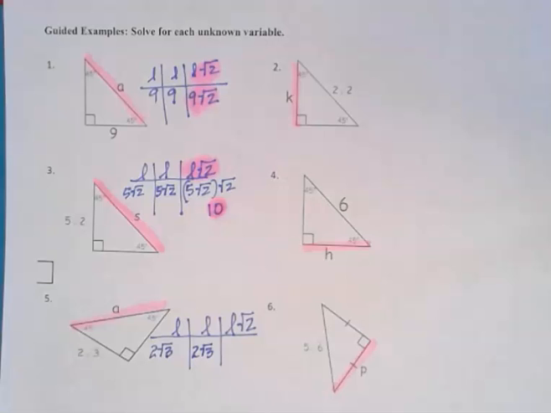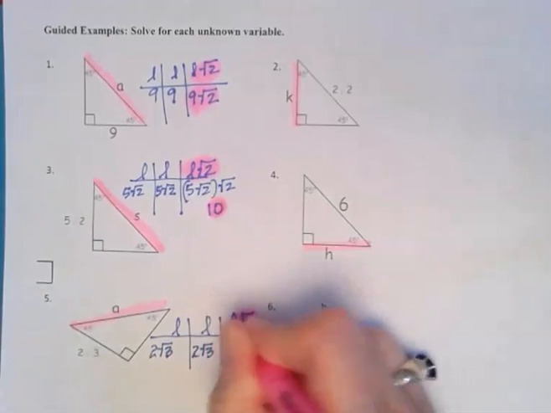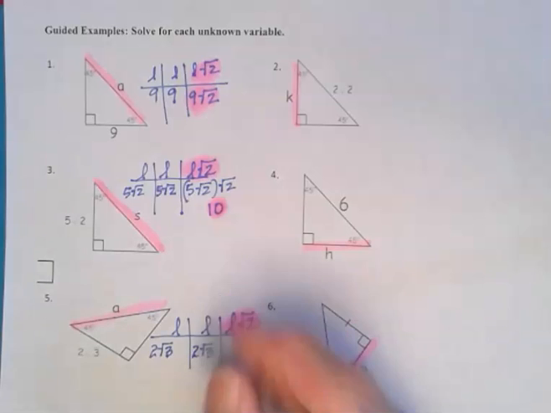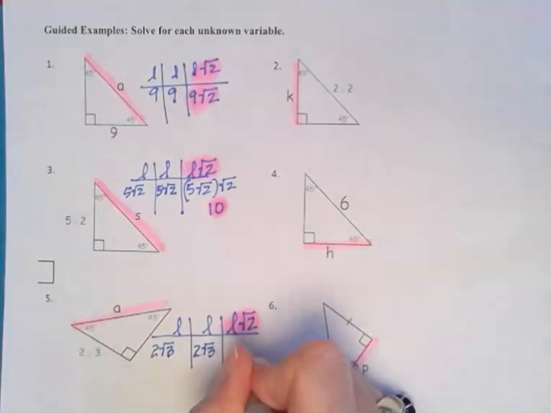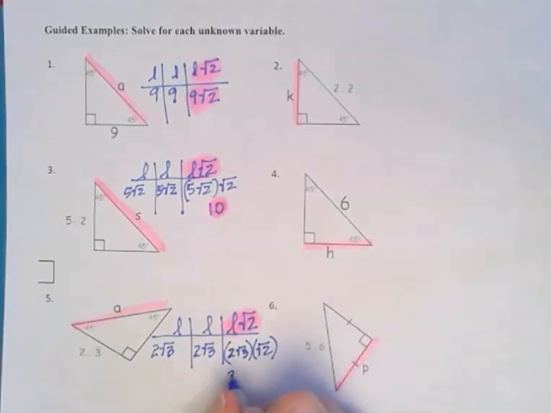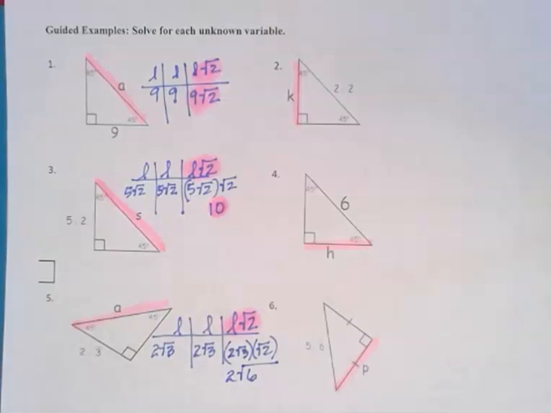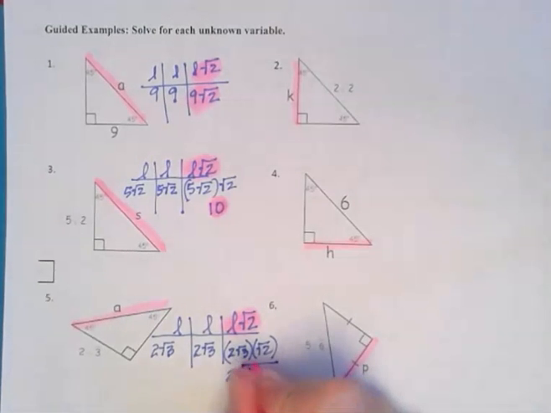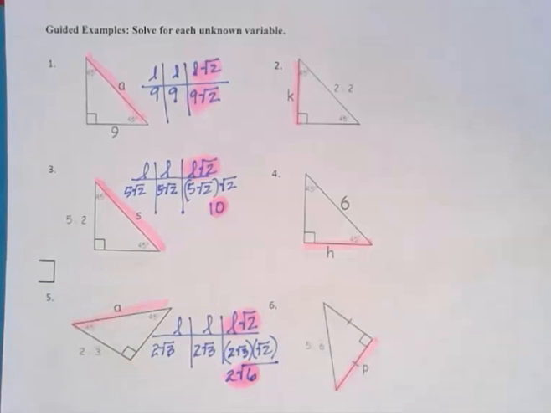And the side they want you to solve for, the hypotenuse, you would take that leg of 2 square root 3, multiply it times the square root of 2, and we discussed a minute ago what's outside the radical stays outside, what's inside gets multiplied together. 3 times 2 is 6. Your final answer for that one is 2 times the square root of 6.